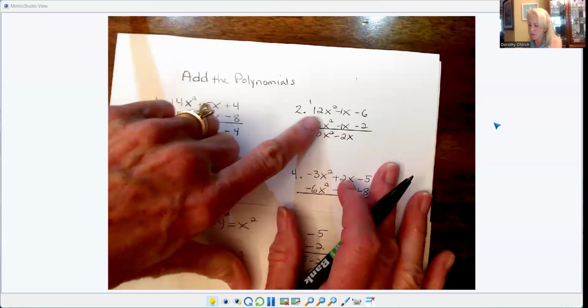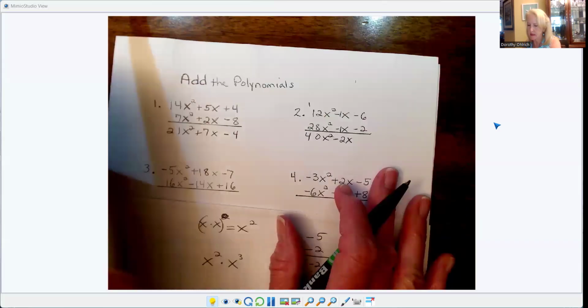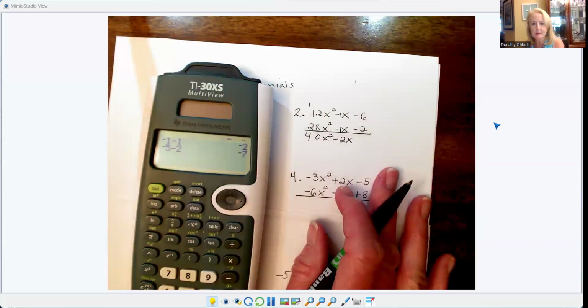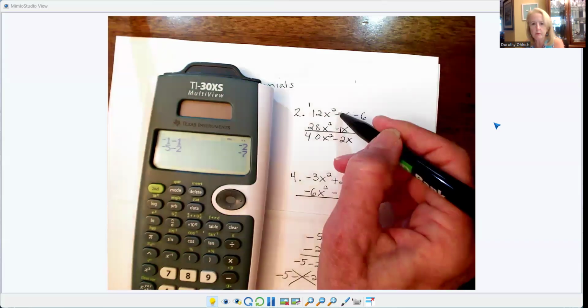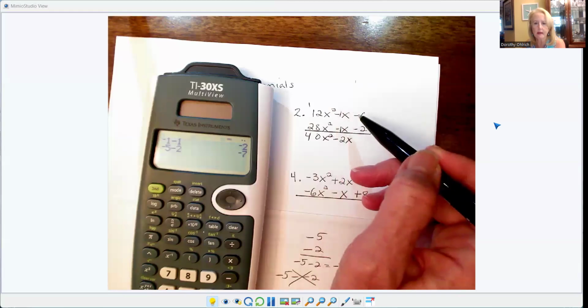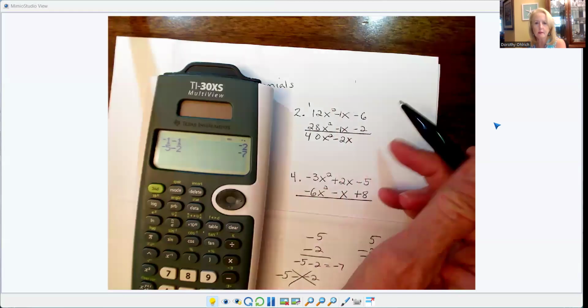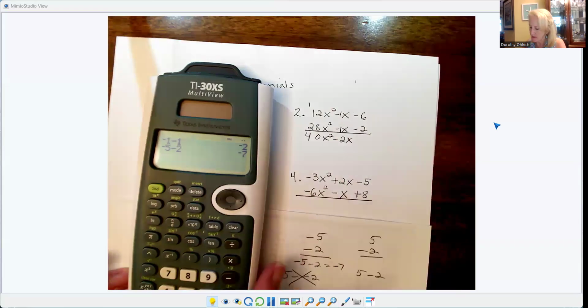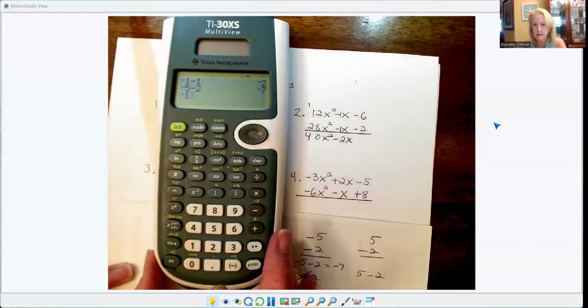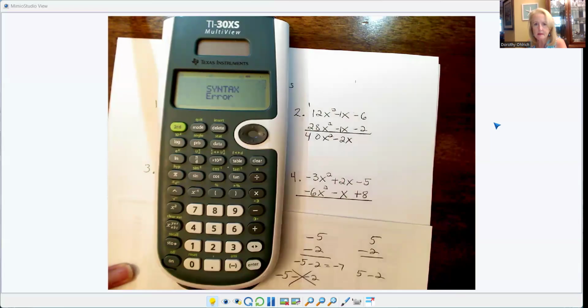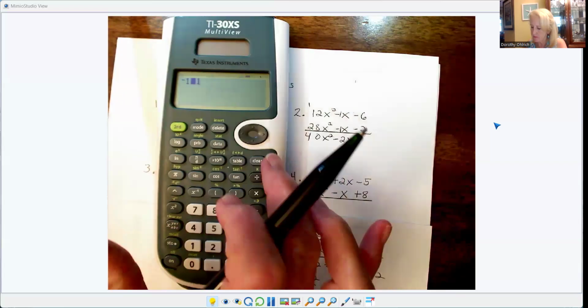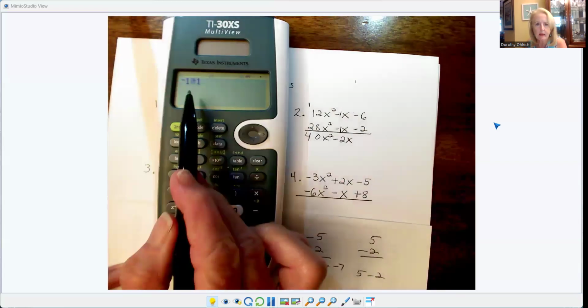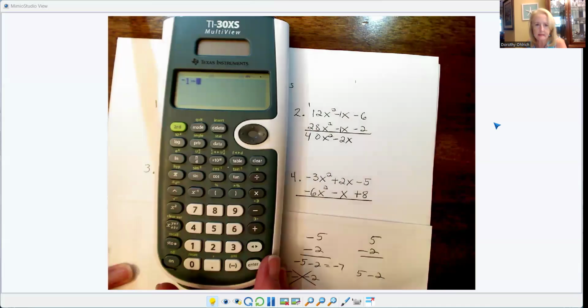So when you put this in the calculator, it's just negative 1 minus 1. The negative comes from the first term only. You don't do negative 1, negative 1, just negative 1 minus 1. If I were to do negative 1, negative 1, it's going to give me an error. And if I clear it, that's because that little negative sign should be a minus sign, but you start off with a negative.